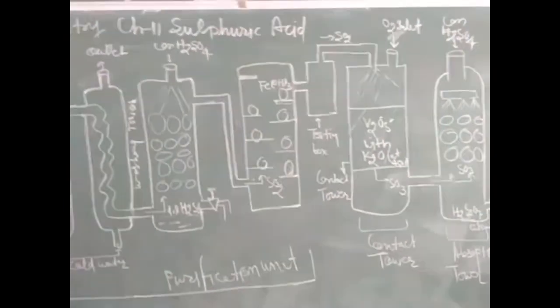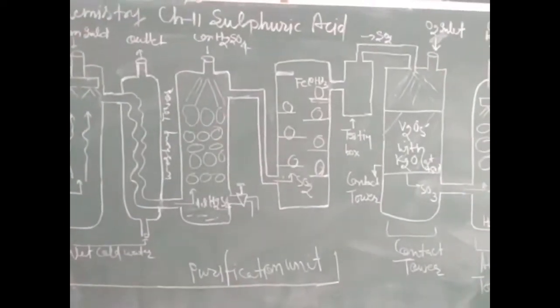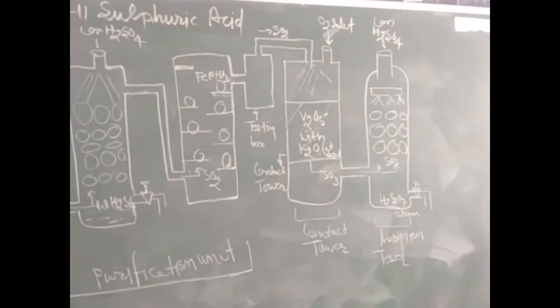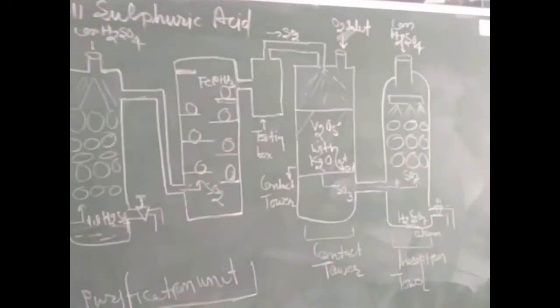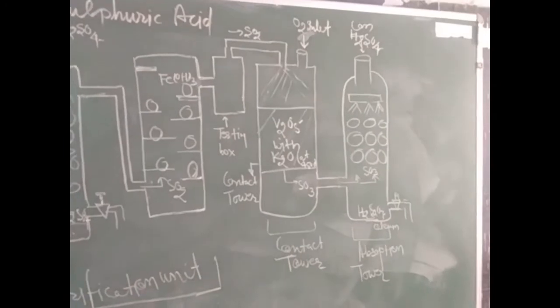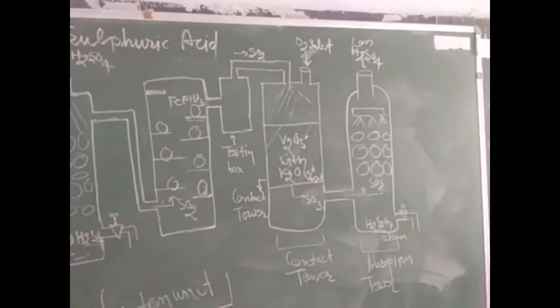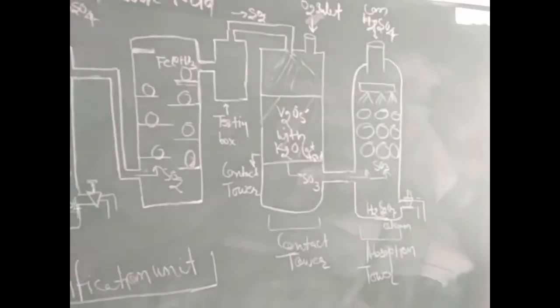That is the absorption tower. In the absorption tower, formation of oleum will take place. As we can watch, sulfur trioxide moves into the last chamber, and from the upper portion concentrated sulfuric acid is passed over sulfur trioxide.